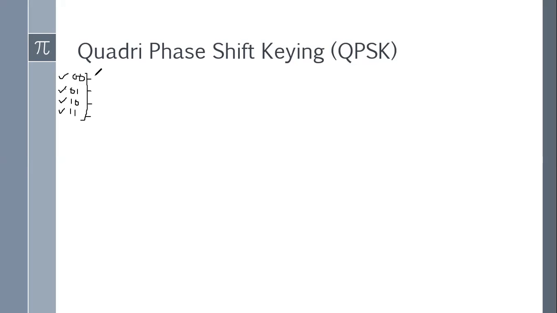That's why it is known as quadriphase: quadri means four. We use four different phases and shift the symbols, so it is known as quadriphase shift keying. I hope this part is clear. It will be more clear as we proceed.